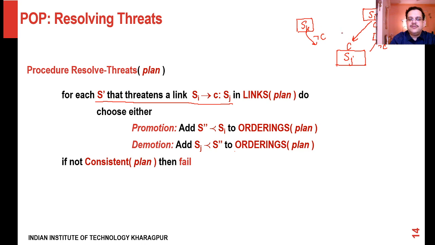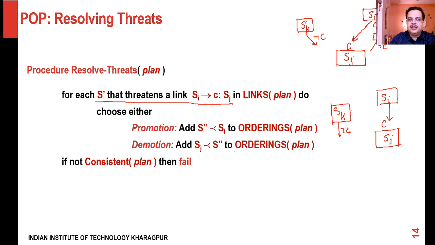So whenever I find such a pair, that is, whenever I find a pair where I have Si producing a precondition C which is essential for the execution of Sj, and I have another Sk which produces not of C as a consequent, then I will either execute Sk before Si or I will execute it after Sj.